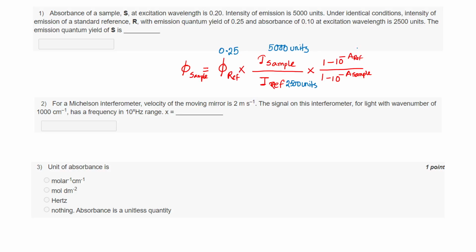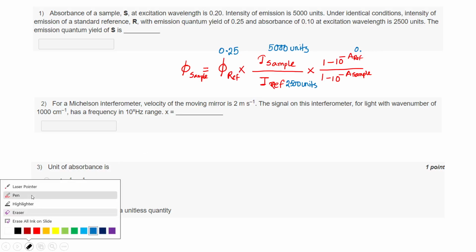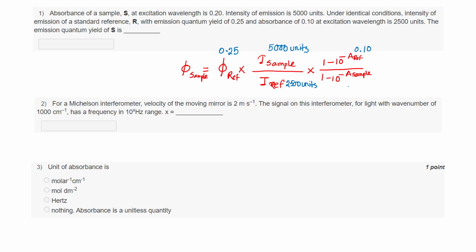It is 0.10 for the reference and 0.20 for your sample.